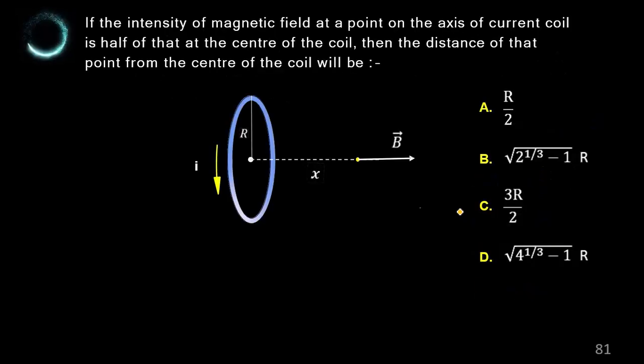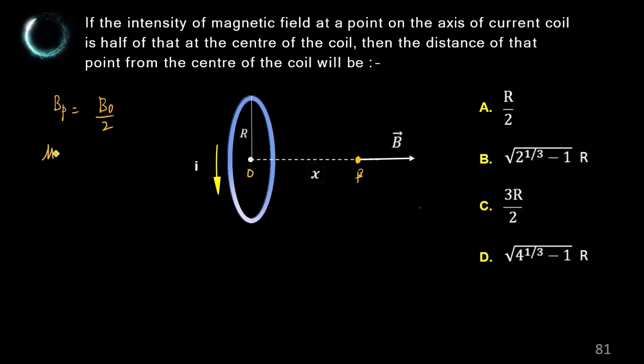Now, coming on to this situation. If the intensity of the magnetic field at a point P on the axis of a current carrying coil is half that at the center of the coil, find the distance of that point from the center of the coil. Let us say this is the P point, and the O point. The question says that the magnetic field at point P is equal to B at point O by 2. Now, what is the magnetic field at point P?